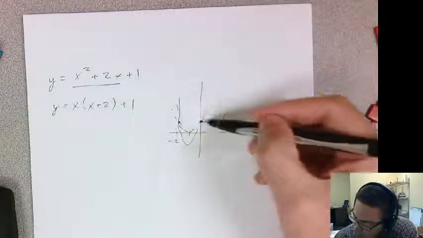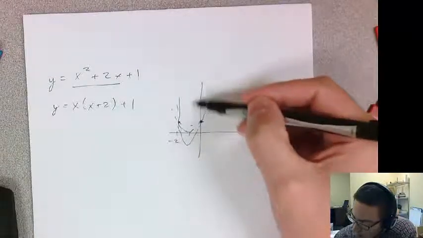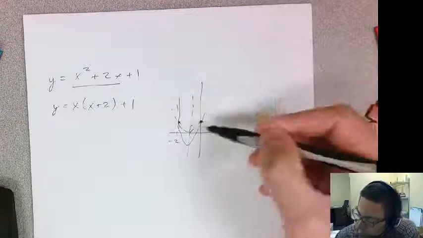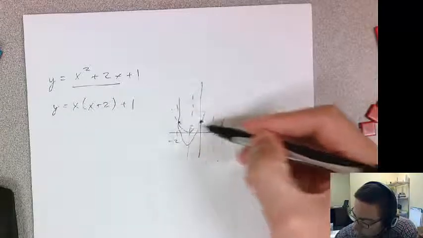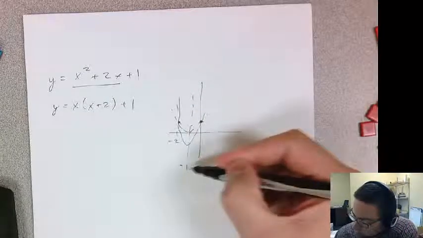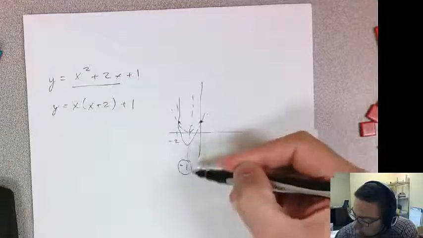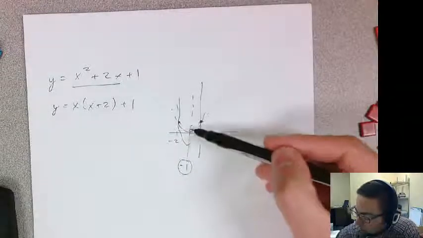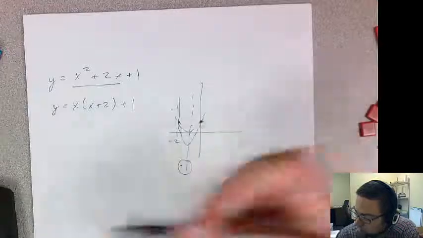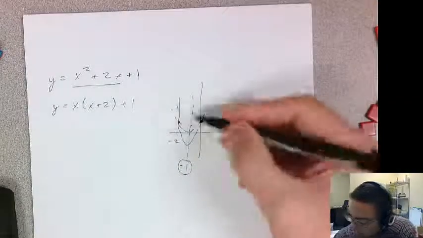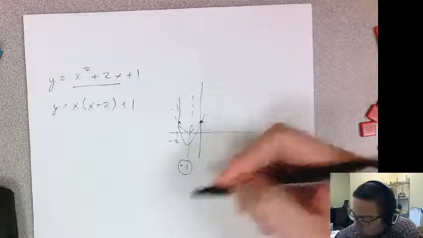So how does my U shape look? Well, halfway between will be my line of symmetry. Halfway between 0 and negative 2 would be negative 1, right? So at the x value of negative 1, I can find out where my vertex is. That's the furthest point that the parabola reaches.